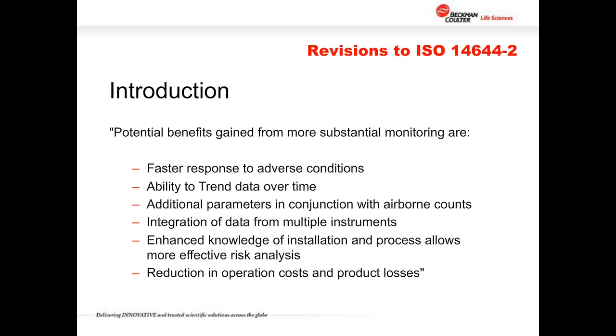We want to know that we can operate this area and carry out whatever process or procedure we intend, and we have sufficient quality of performance and consistency that the risk for product loss or failure or contamination in some way or another is minimized. And in many cases, we can look at that in a way to minimize operation cost and product loss by having effective control of the air around our process.